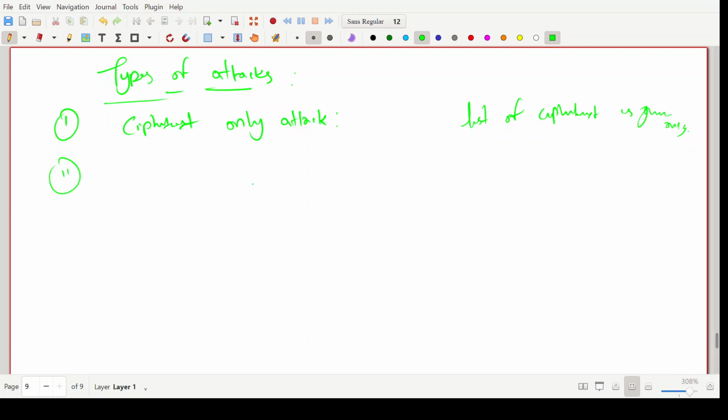Second is the known plain text attack. That is also called KPA. What do you mean by that? The cryptanalyst knows some pairs of message and its encryption, that is the ciphertext.